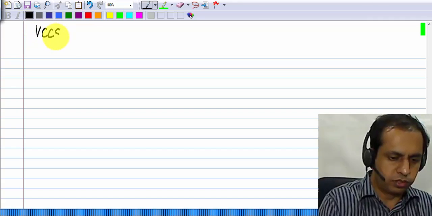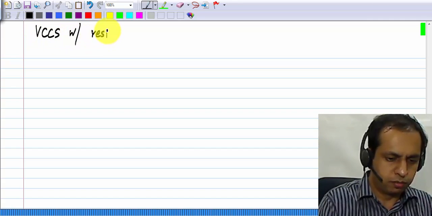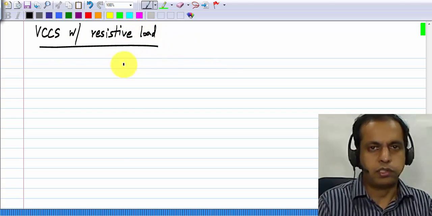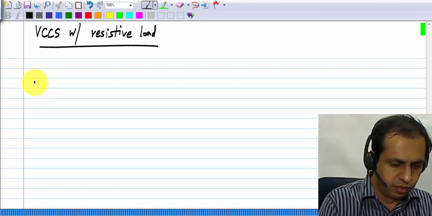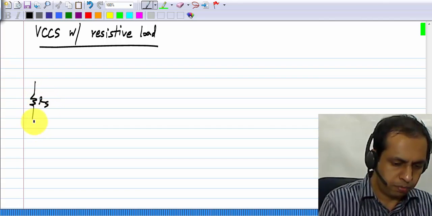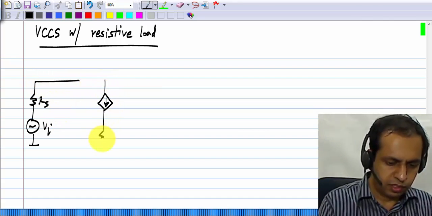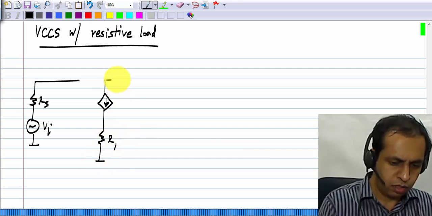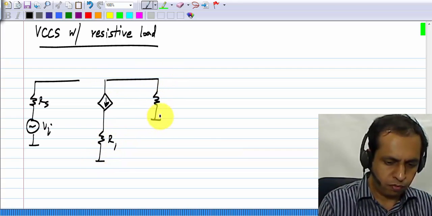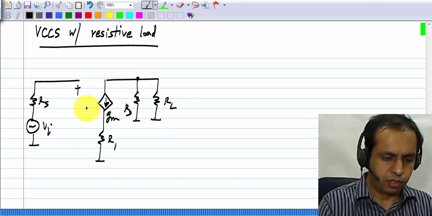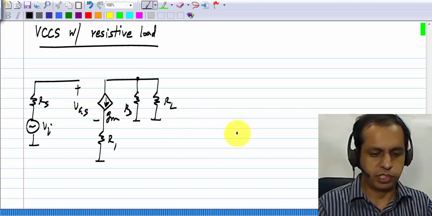A voltage controlled current source with a resistive load. This is used with a voltage output, as I mentioned. It looks like this. This is Gm and this quantity is VGS.